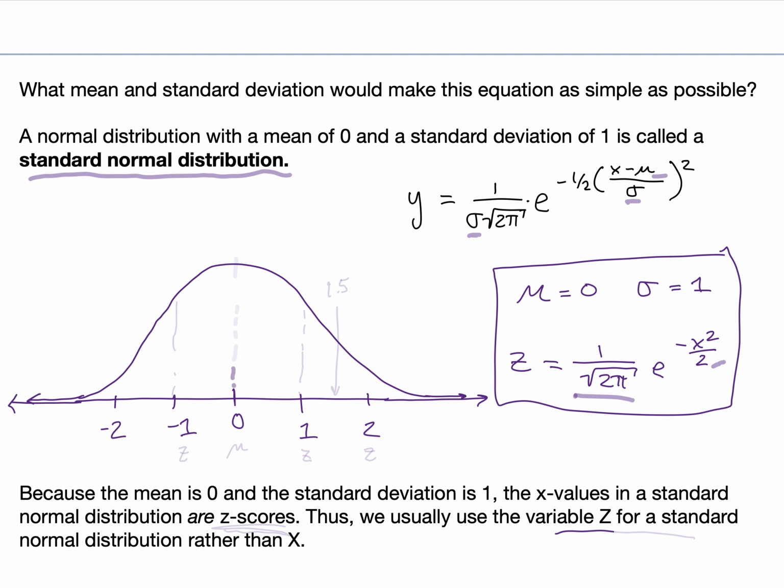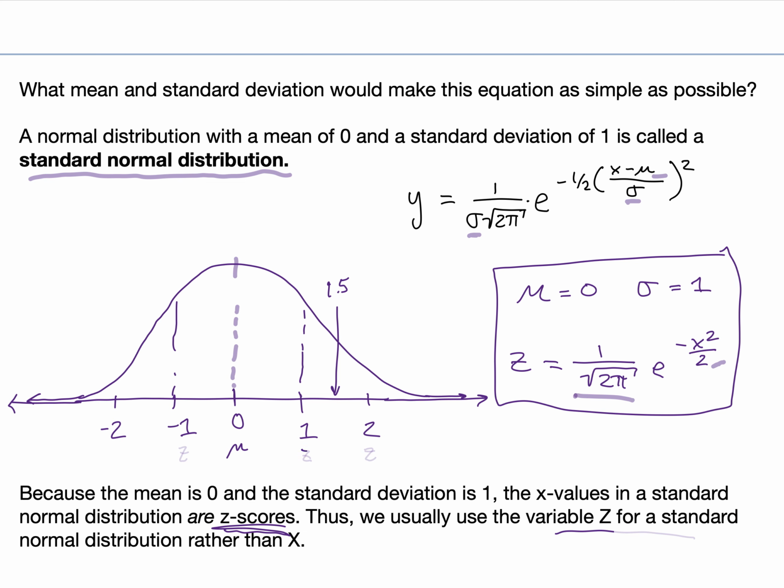Its mean is at 0, and the standard deviation is 1. One thing that's really neat about the standard normal distribution is that the values in a standard normal distribution are already z-scores. If we had a data value of 1.5, that would already be a z-score. It is 1.5 standard deviations above the mean.